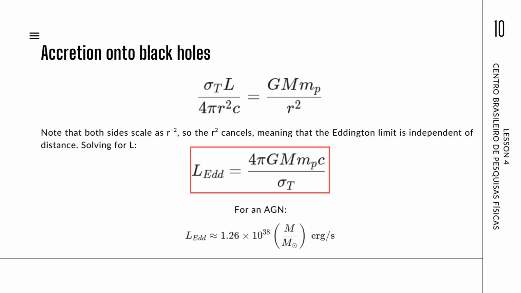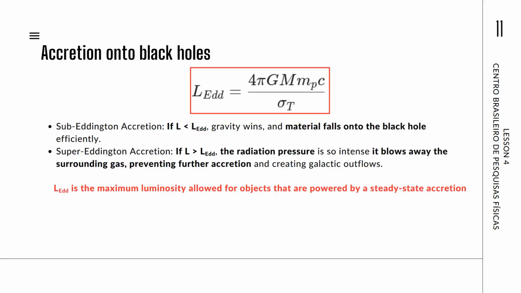And for an AGN, computing the constants here, this luminosity will be proportional to 10^38 ergs per second times the mass of the black hole in terms of solar masses. So for a black hole with 1 billion solar masses, we have 10^47 ergs per second, which is a lot. In the sub-Eddington accretion, gravity wins and material falls into the black hole.